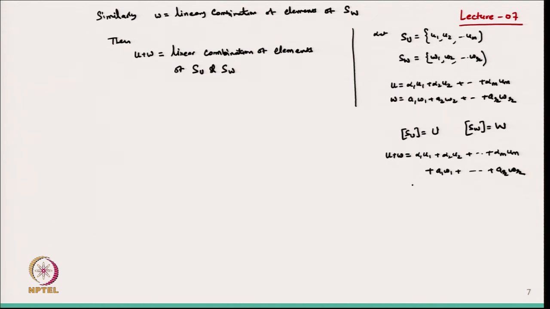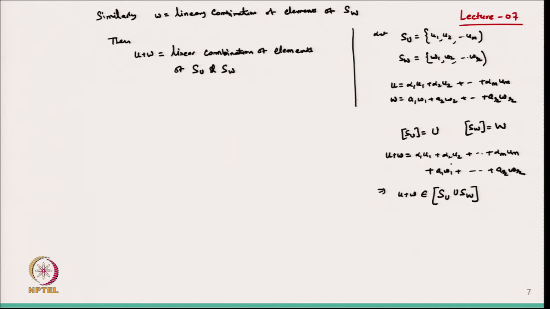So, it is a linear combination of the elements of SU and SW. From here you can check that U plus W belongs to the span of U union span of W, because U1, U2, UM belong to SU and W1, W2, WR belong to SW.